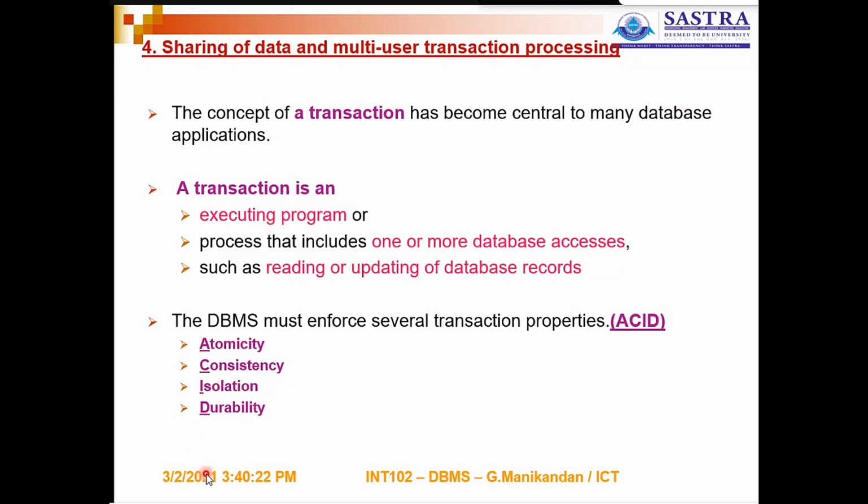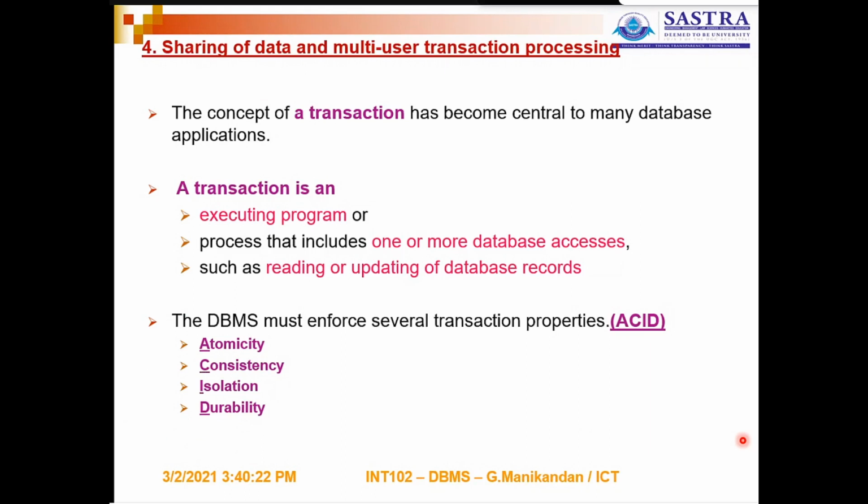And finally, durability means that once the changes are made permanent, you cannot perform any undo operation. Once the transaction executes the commit command, the changes are made permanent in the database.